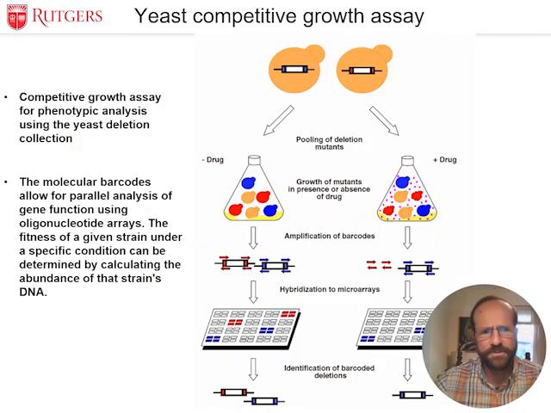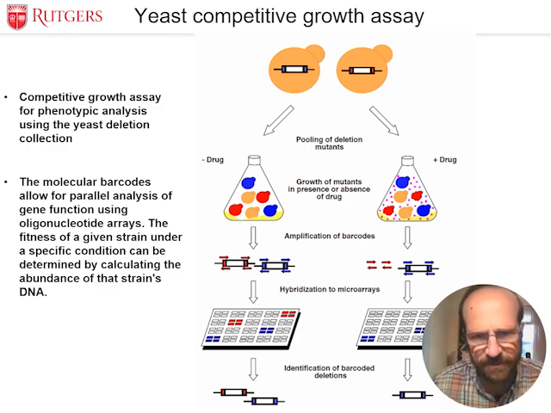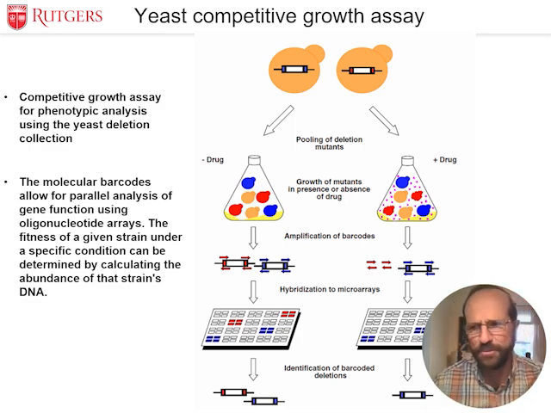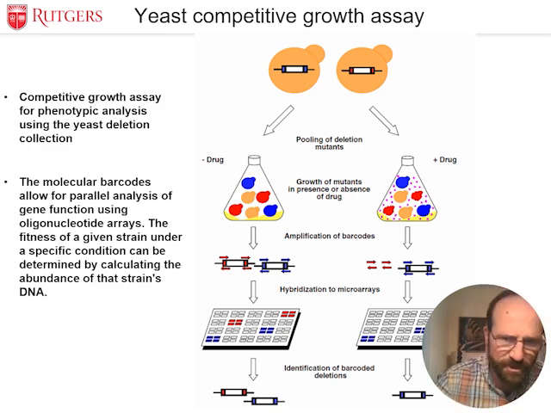There are a lot of great tools that would enhance the speed of doing these types of assays. These mutants are barcoded, so each individual mutant can be distinguished from one another by that barcode. That allows you to do some interesting things, like pool these yeast mutants and then expose them to plus drug or minus drug situations.